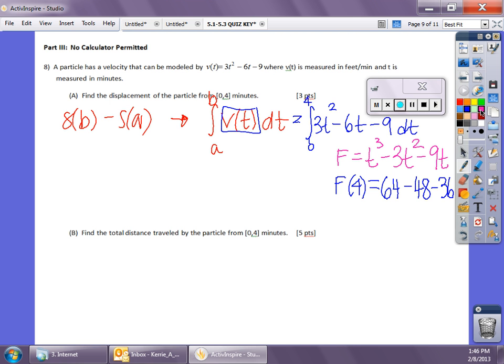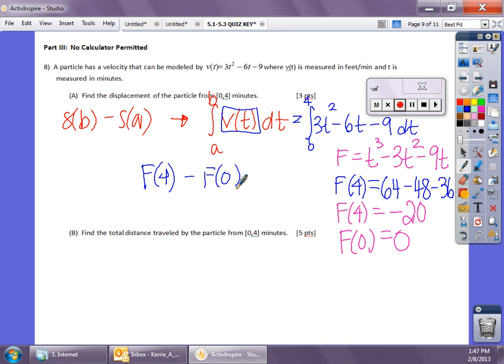So we end up with f of 4 is equal to negative 20. F of 0, though, easy one, is 0. So this problem says that I would find f of 4 minus f of 0. Therefore, my displacement is negative 20. And in this case, it is measured in feet.